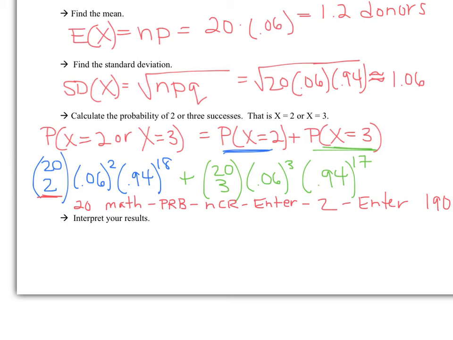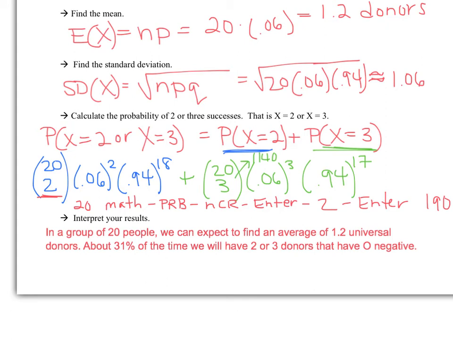So really I'm doing 190 times 0.06 squared times 0.94 to the 18th, and I'm going to do it again for the 20 choose 3. When you do this, you should end up with 1,140 for 20 choose 3. That's a lot of different combinations of selecting 3 people.